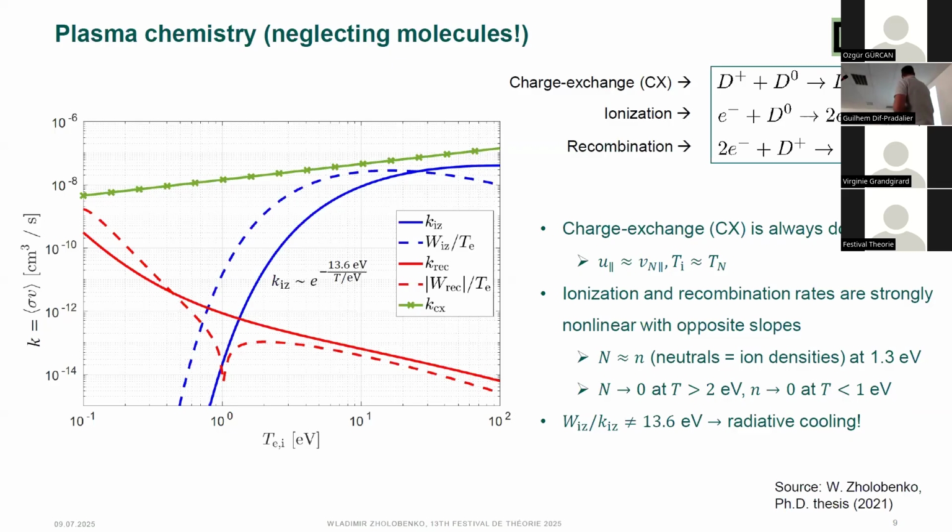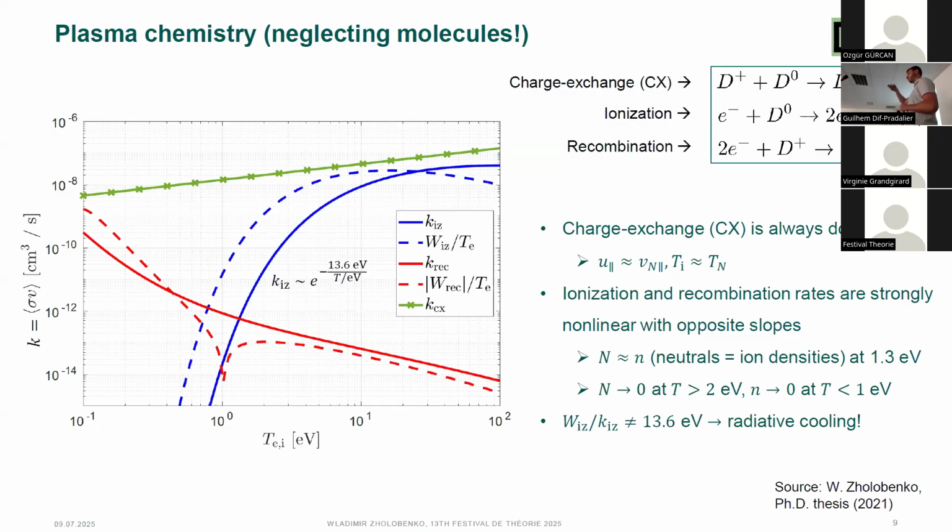Okay. Right. So in thermal equilibrium at 1.3 electron volt, we would have equal electron and ion densities. And then below that, we would have a recombining plasma, above it an ionizing plasma. But what you see here is a third process, charge exchange, which is much larger than all the others because it is resonant. So what also happens in the plasma is that the bound electrons, they do not care.